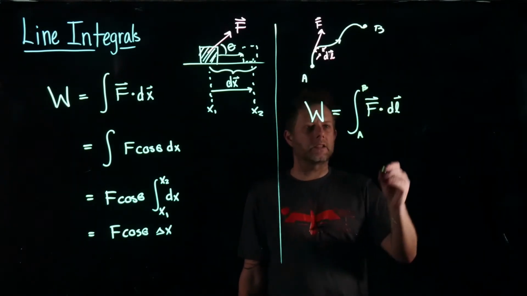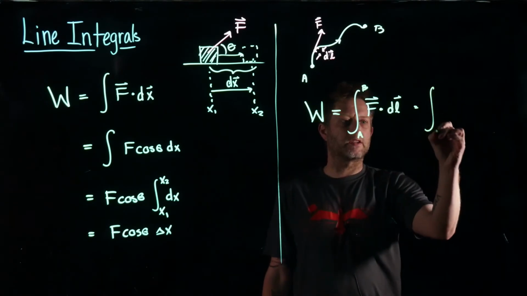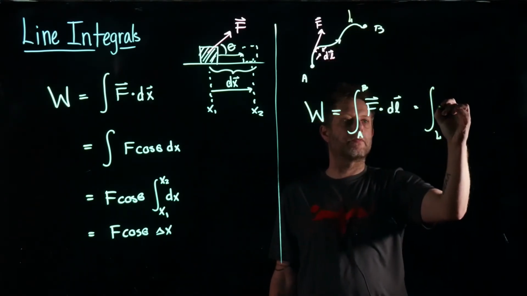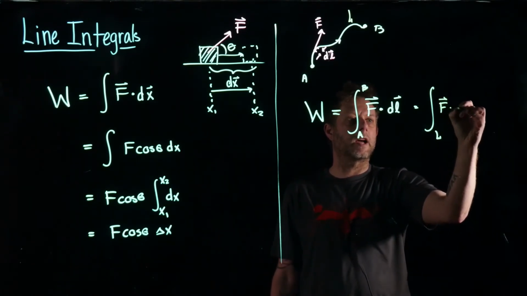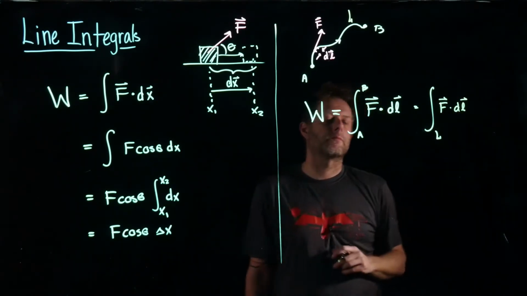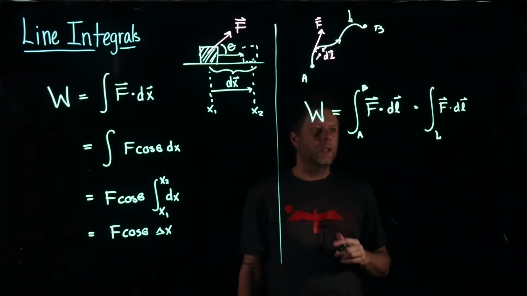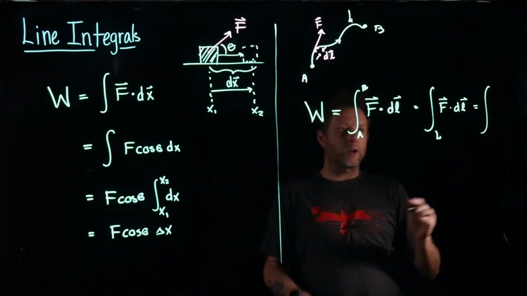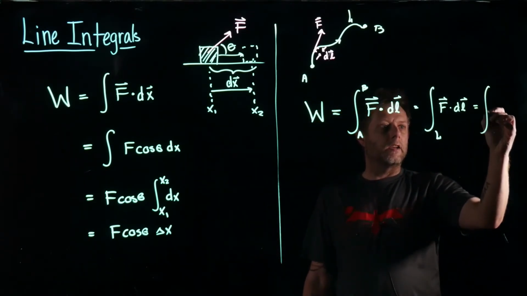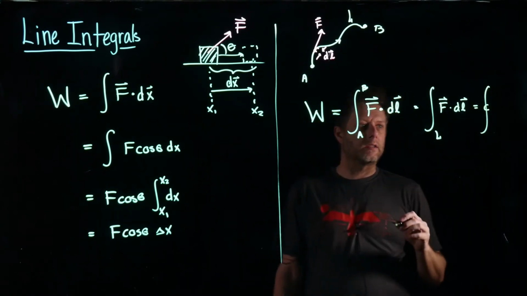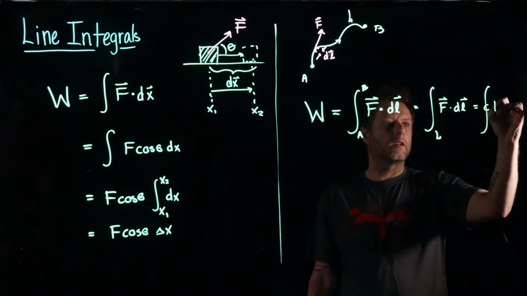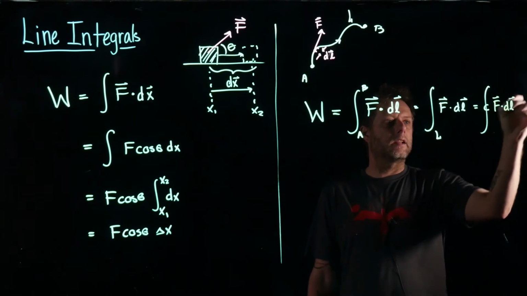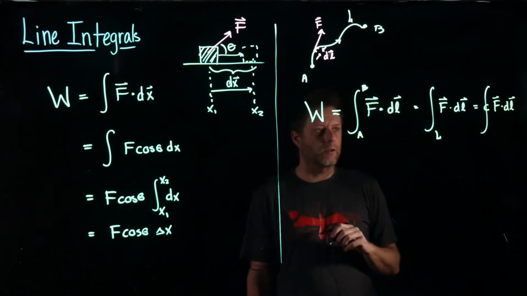Or sometimes we may write it as just along the curve L, where L is simply this curve or line, hence the name line integral. Okay, so that's a different notation. There's even one other notation to indicate that this is along a curve or along a path or along a line, and we may see a symbol on it that looks like a half circle, just indicating that this is along some curve or some line.